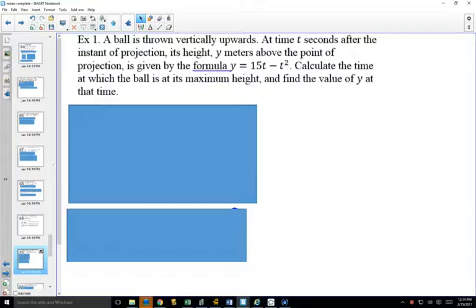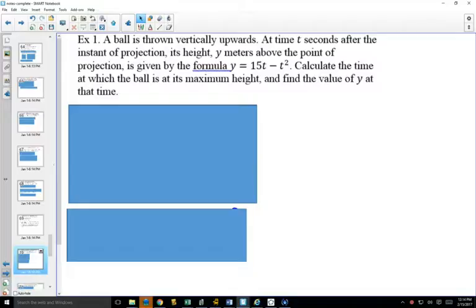So this is on some planet with a gravity of -2. Does it say meters per second? Yeah, meters per second. So we're on some planet where the gravity is -2 meters per second. Wonderful. And we want to figure out the time at which the ball is at its maximum height and the value of y at that time.